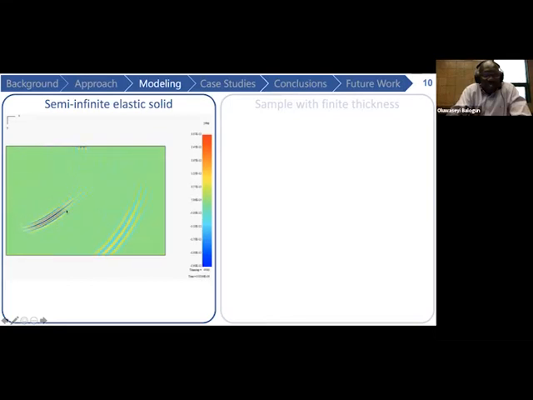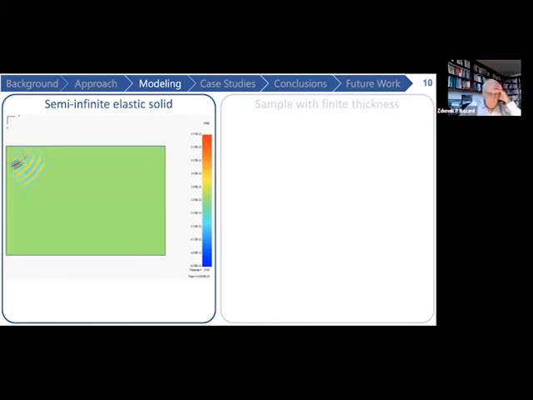That's what you're seeing here. The combination of the compressional wave and the shear wave are bulk waves, so they travel within the bulk. And then you also see a wave that is limited to the near-surface region, which is the surface wave, or the Rayleigh wave. This picture you're seeing here is just a finite element calculation of the wave modes that are excited in a semi-infinite elastic solid by mechanical contact.